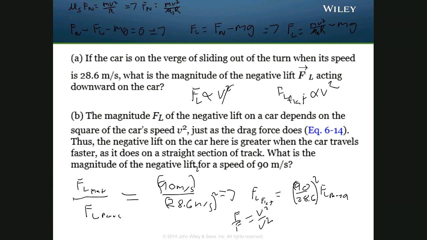It would be that case if the velocity were the same. So I want to be very careful here with the language. This is for a flat, straight track. This is for a curved track.